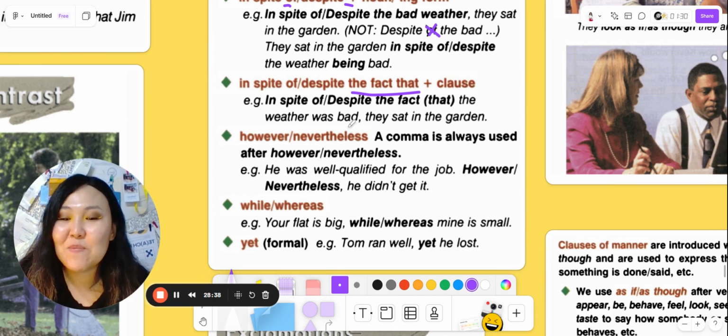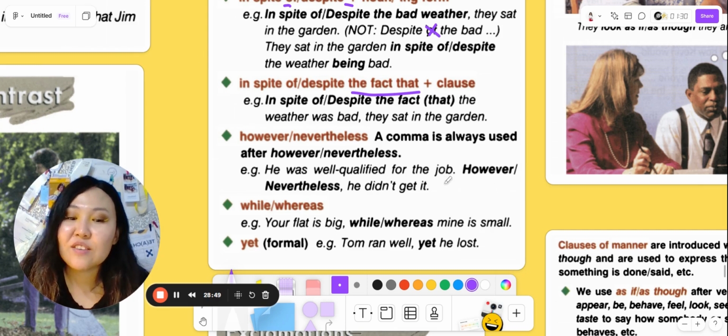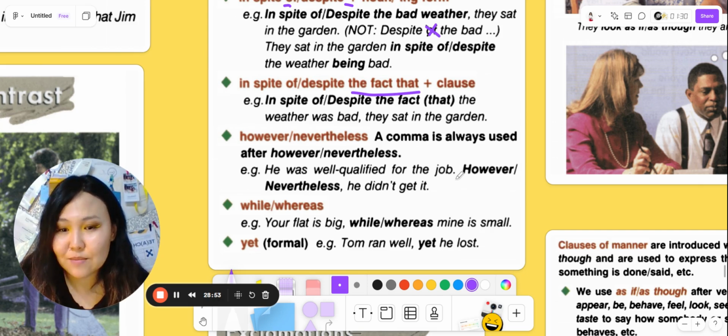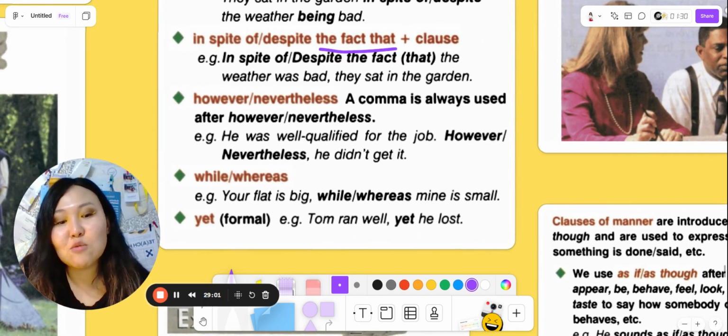Okay, next one. However, nevertheless. A comma is always used after however and nevertheless. We need to keep that in mind. He was well qualified for the job. However, he didn't get it. Or nevertheless, he didn't get it. Next one is while, whereas. Your flat is big while mine is small.